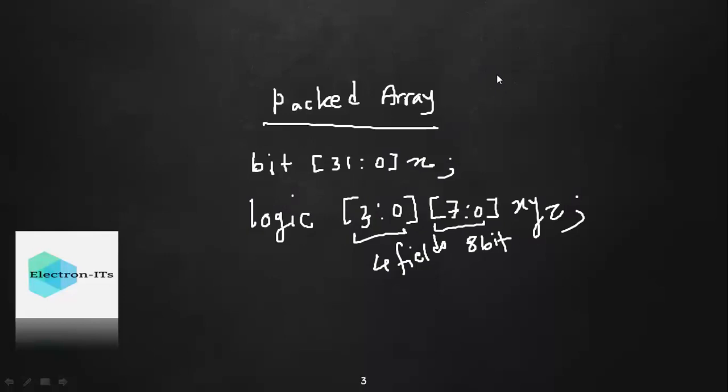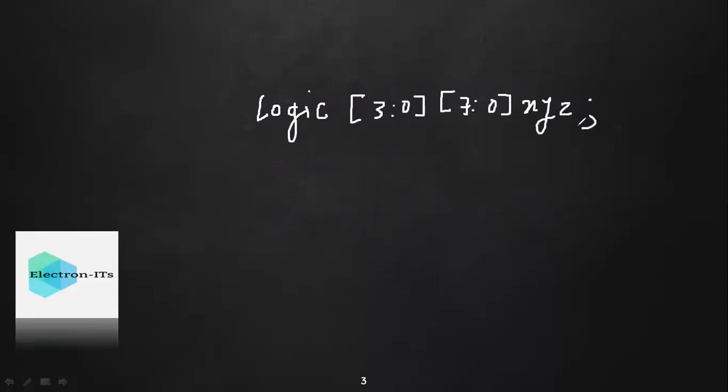We'll see an example of this. If you want to represent this number, I will take the same one with the logic data type: logic 3 to 0 and 7 to 0 xyz. So this packed array is declared.